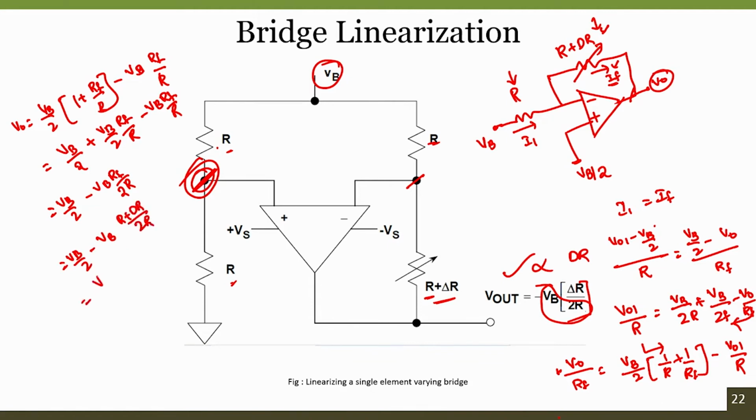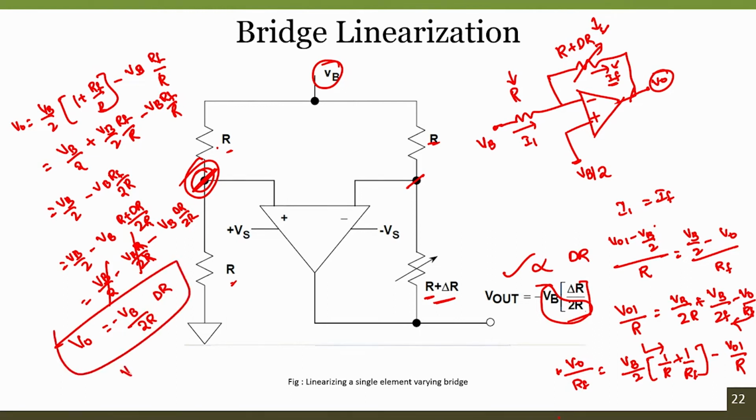Splitting it, VB into R by 2R, the R's cancel, minus VB into delta R by 2R. So this cancels. Now V0 is nothing but minus VB by 2R into delta R. So that means the output is directly proportional to delta R, but we always get a phase shift of minus.